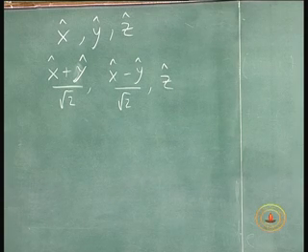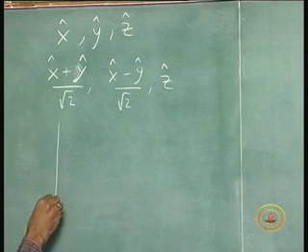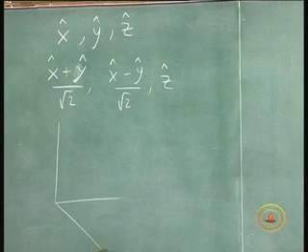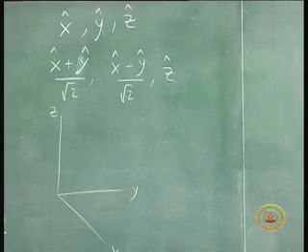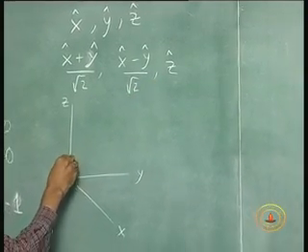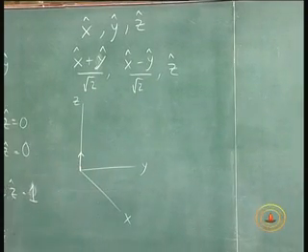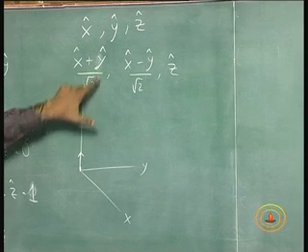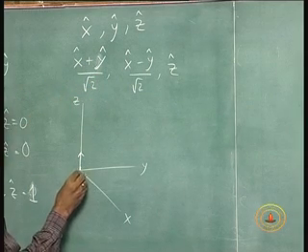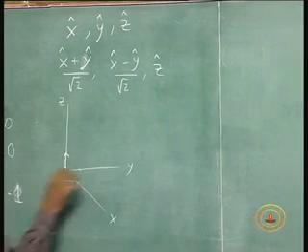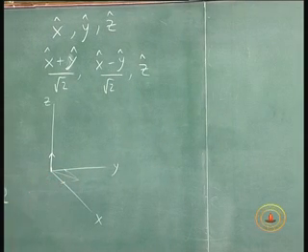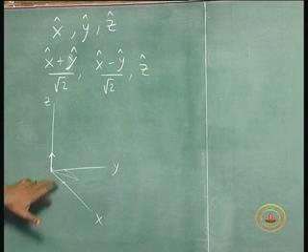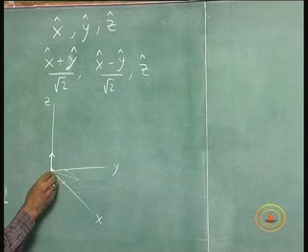This coordinate system looks like this. This is the x, y, z. The z hat is a unit vector along z. x hat plus y hat divided by root 2 is a unit distance along x and y. So, I go on the diagonal of the square formed by x and y, but I divide by root 2.